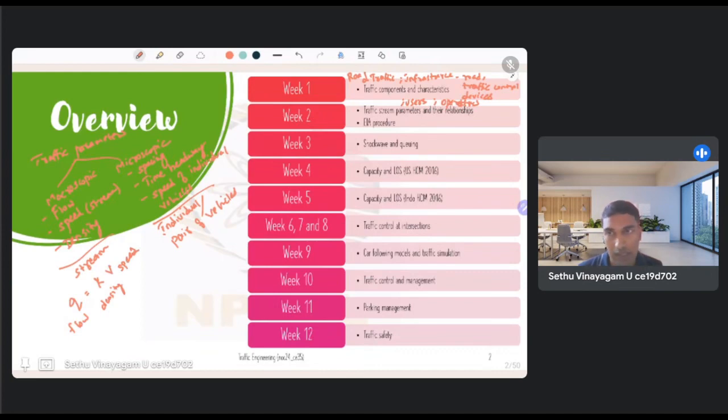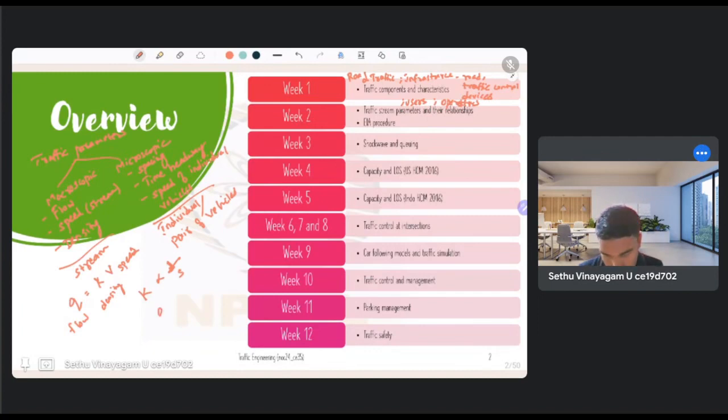We also have relationships between these parameters, for example, density can be derived from the spacing. It is inversely proportional to the spacing. Let's say spacing is S. If your spacing becomes smaller, your density will become higher.